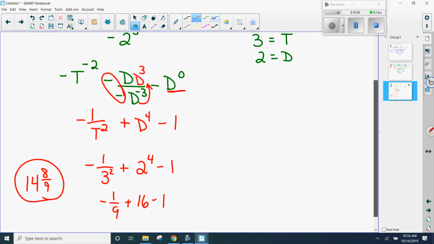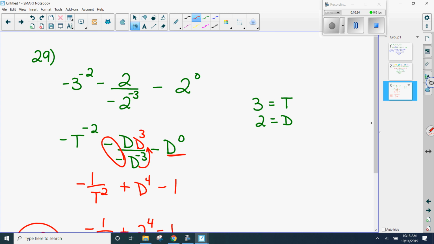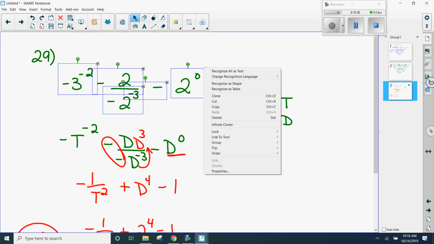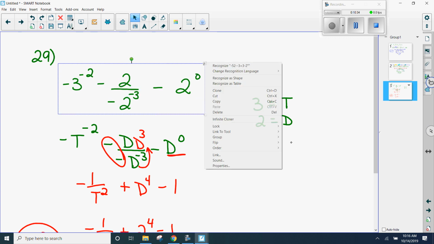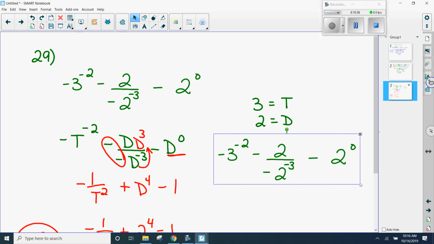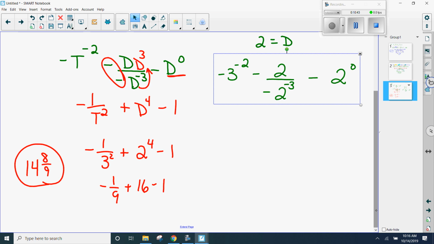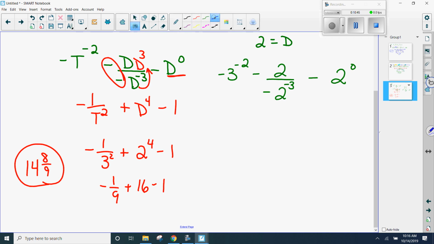Now, as you look at that with numbers and you're trying to solve that problem, let me regroup this here and clone it. So let's say you didn't want to put variables there and you're looking at the numbers. Here's kind of a systematic approach that I do.